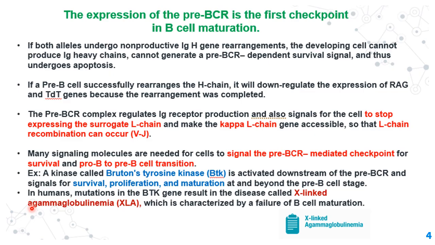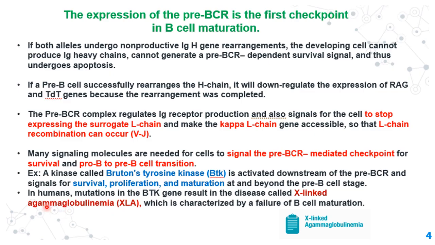Now, if you inherit a bad Bruton's kinase and you don't give a survival signal to the B cell, what's going to happen to the B cell? It's going to die. Are you going to have any B cells around? No, that's a big problem. So for the people who inherit this disease that is X-linked, the disease is called agammaglobulinemia.